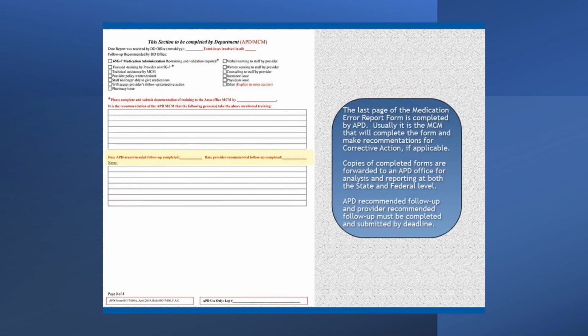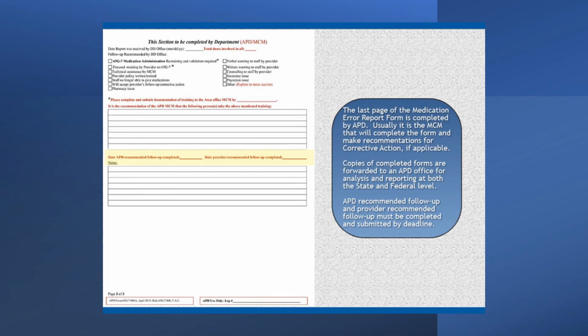The last page of the medication error form is completed by APD. Usually, it is the MCM that will complete the form and make recommendations for corrective action if applicable. Copies of completed forms are forwarded to an APD office for analysis and reporting at both the state and federal level. APD recommended follow-up and provider recommended follow-up must be completed and submitted by the deadline.